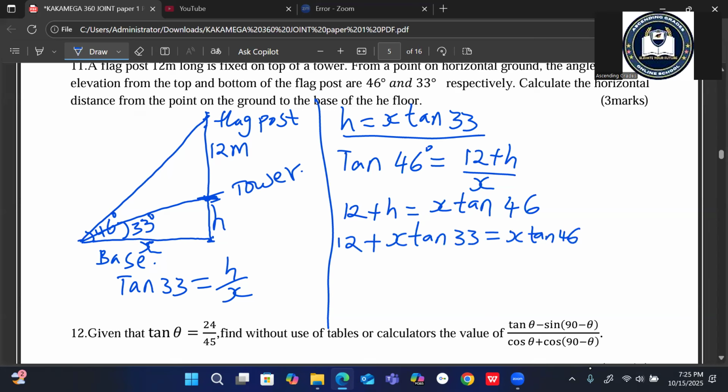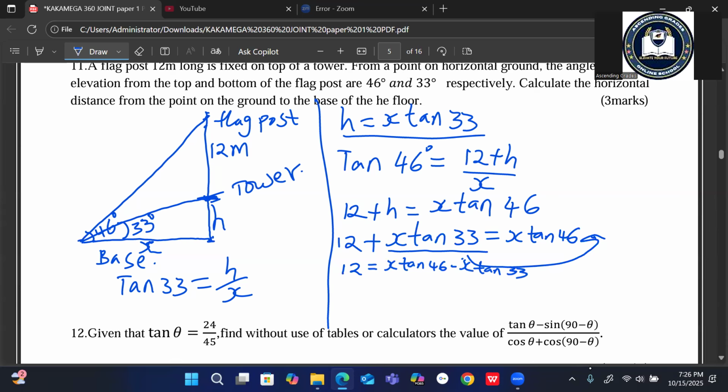So we take this one to the other side. 12 will be equal to x tan 46 minus x tan 33.